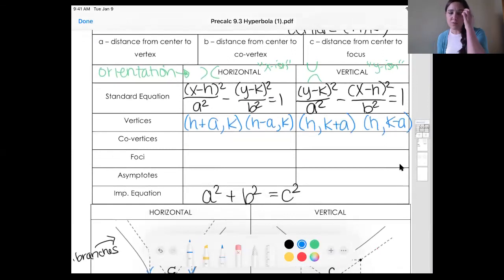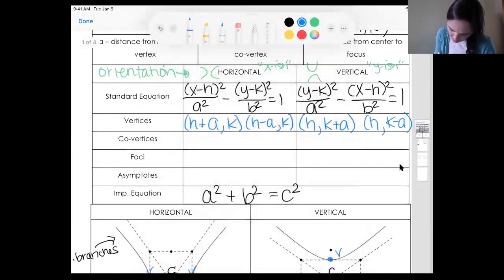Okay, so the other thing I want to add to this chart here, so the vertices, these are actually also the endpoints of our transverse axis. And the length of the transverse axis is 2a.